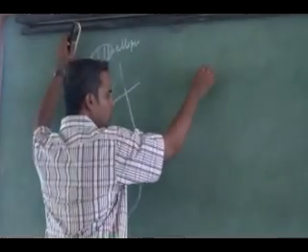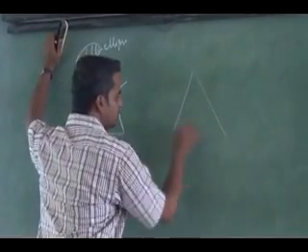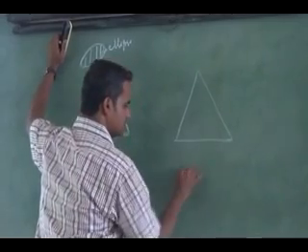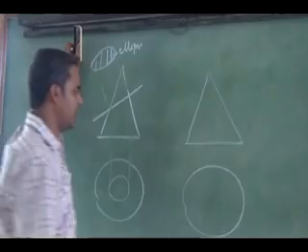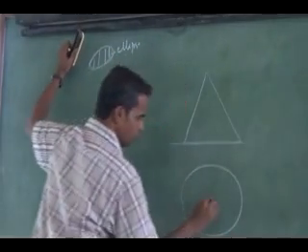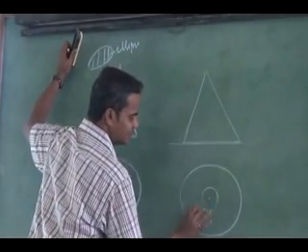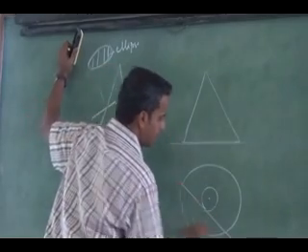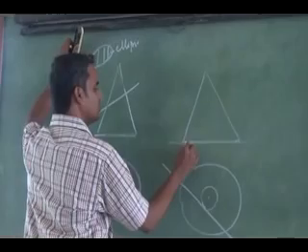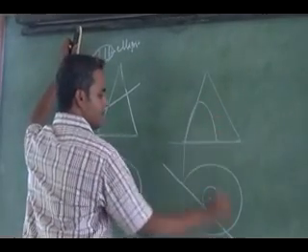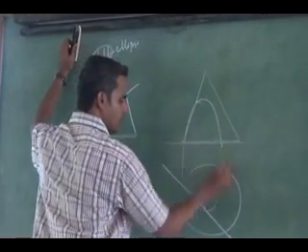Similarly, in the last class we saw a cone cut by a cutting plane perpendicular to HP. It was something like this, inclined like this. The apparent section we have got in this manner.